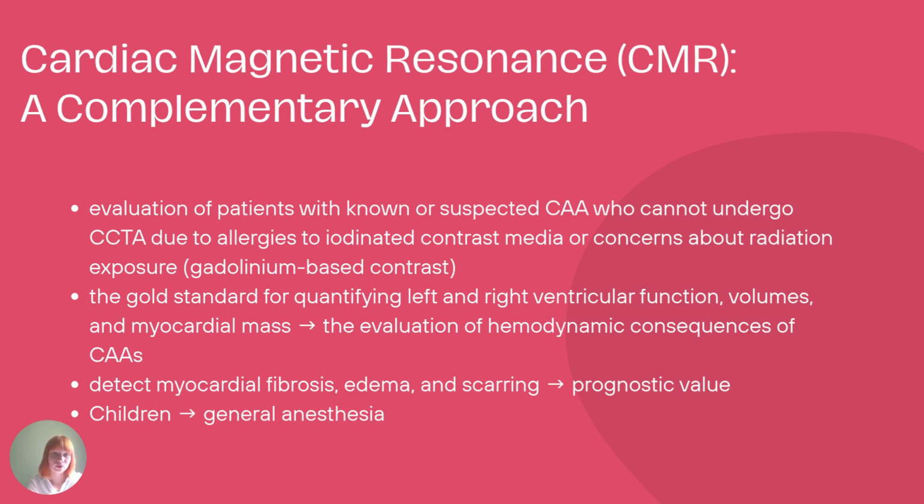So it is a good tool to evaluate the hemodynamical effect of the anatomical change of the anomaly. In case of children that I've mentioned before, unfortunately, they need a general anesthesia to keep without moving during the examination.